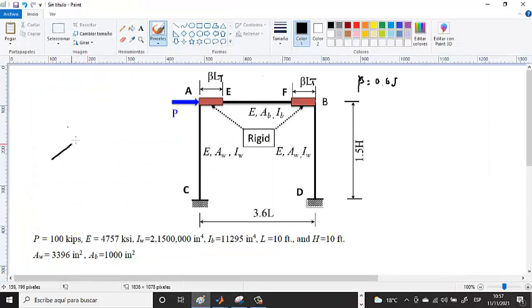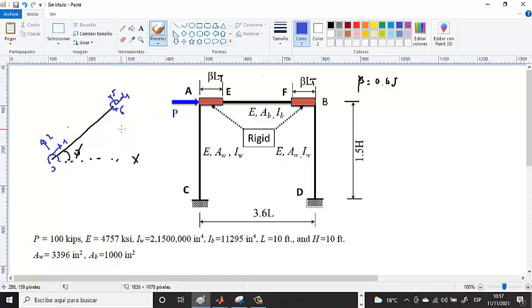So we have, for example, this element that forms an angle phi with the x-axis, and for this element we define the local stiffness matrix using the degrees of freedom along the length of the element. So we are using these 6 degrees of freedom.